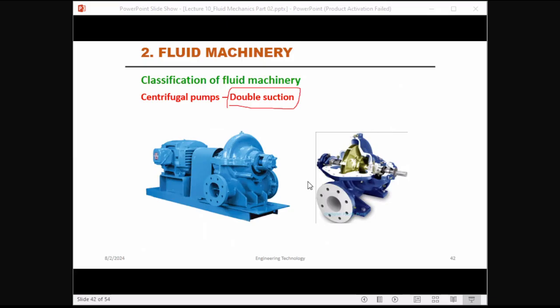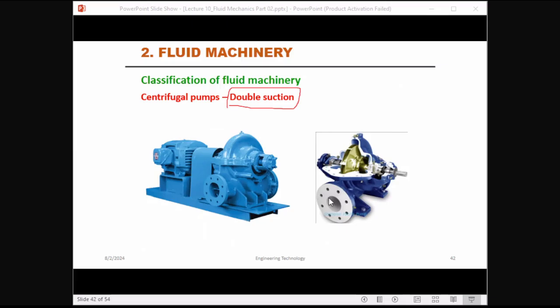This type of pump is mainly used in water treatment plants, HVAC systems, power generation, and process industries.